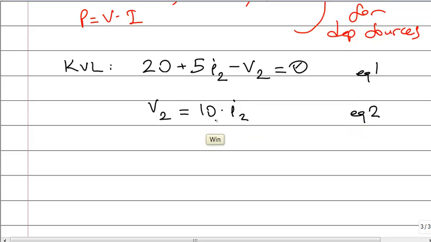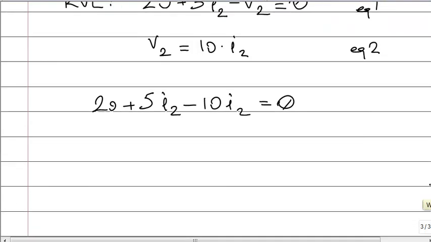If you insert equation 2 into equation 1, you will get 20 plus 5I2 minus 10I2 is equal to 0. So 20 is equal to 5I2, I2 is equal to 4 amps.